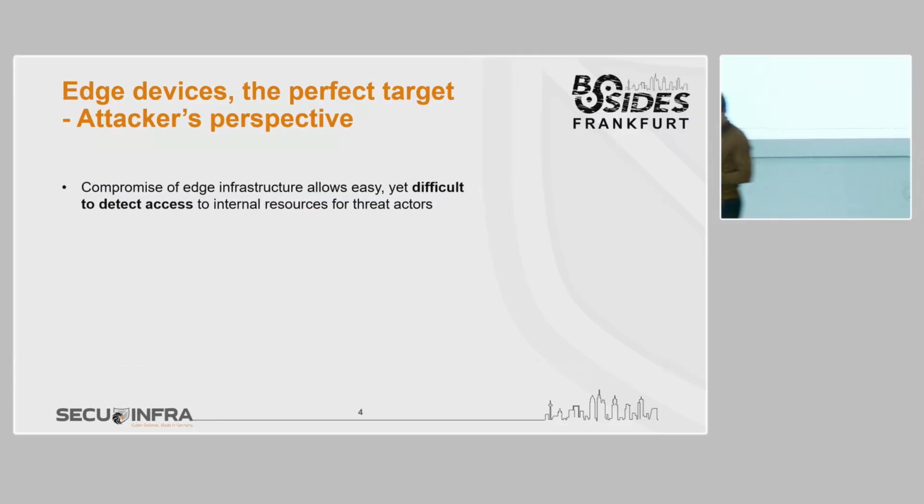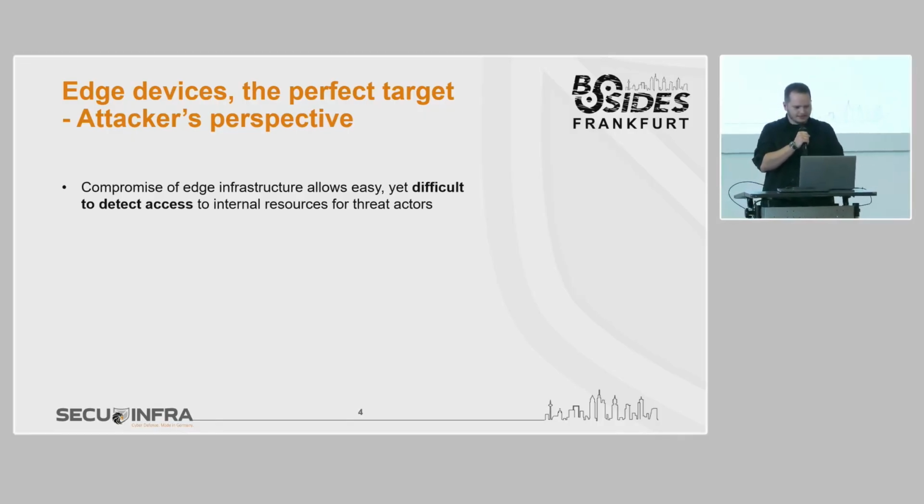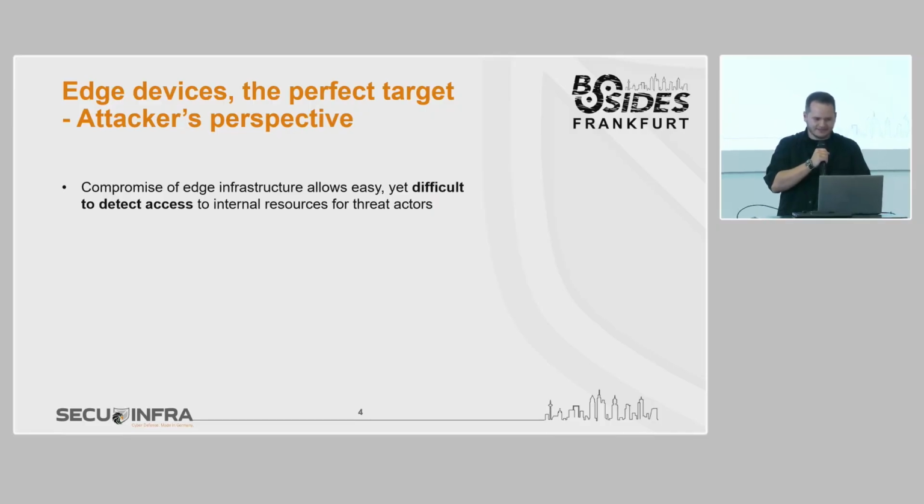Okay, let's first establish some context on why this topic actually matters, first from the perspective of an attacker. Edge devices are usually quite easy to compromise, yet it is difficult for the defenders or the victim to detect the actual access to internal resources and that the attacker is present.